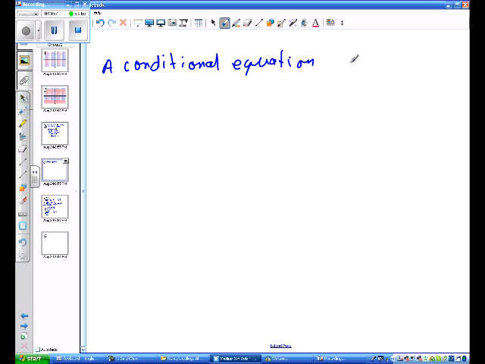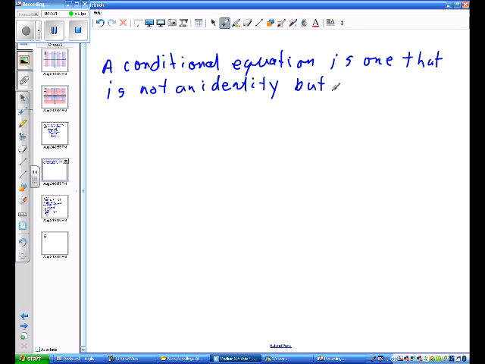A conditional equation is one that is not an identity. So it's not going to be true for all of them, but it is true for at least one value.